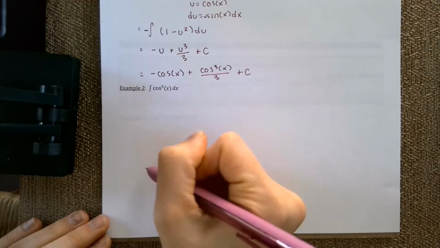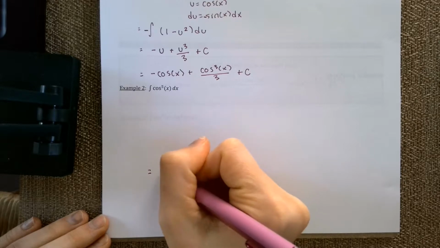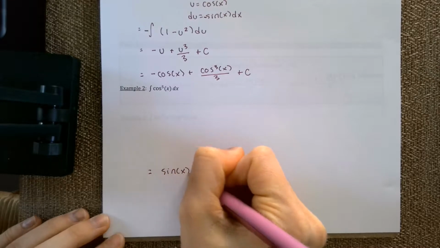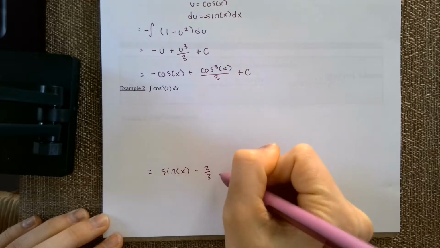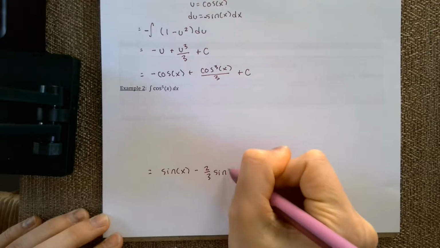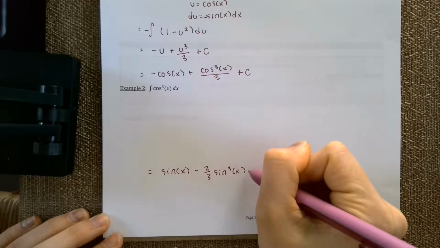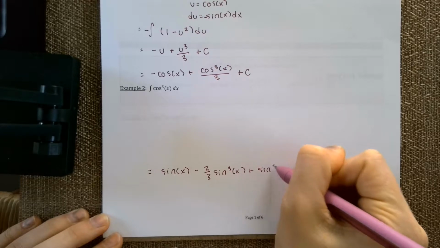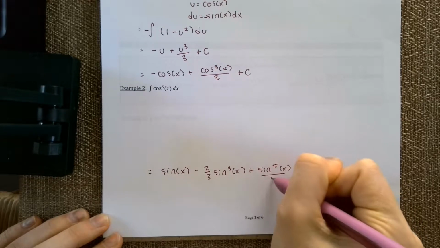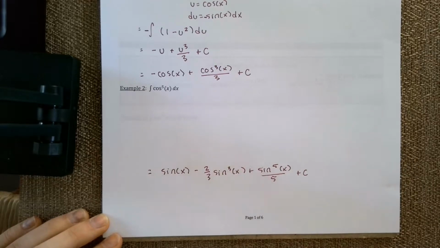But once you've done that, your answer should be sine of x minus 2/3 sine cubed x plus sine to the 5th x over 5 plus c.